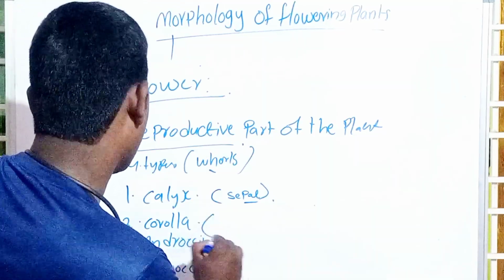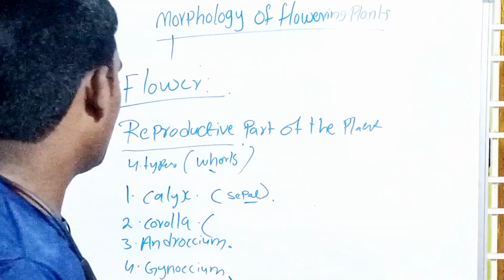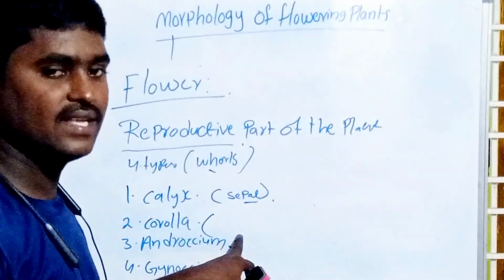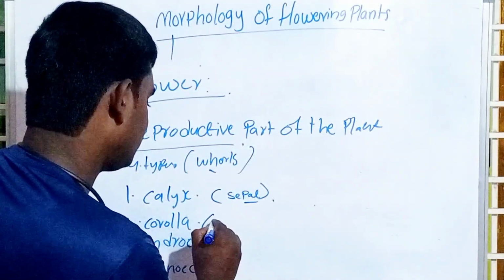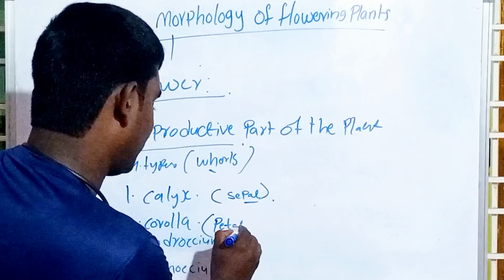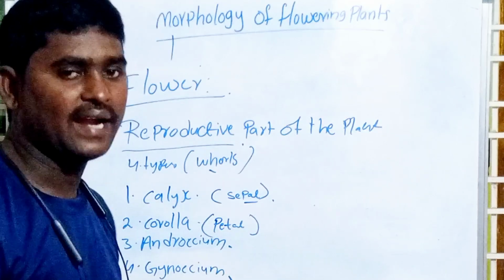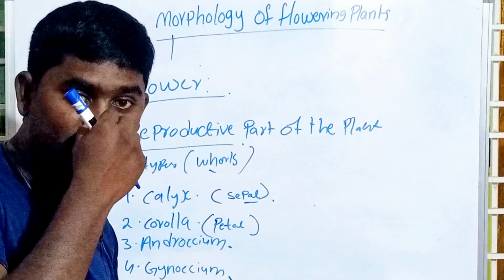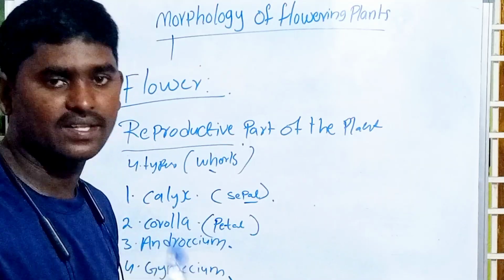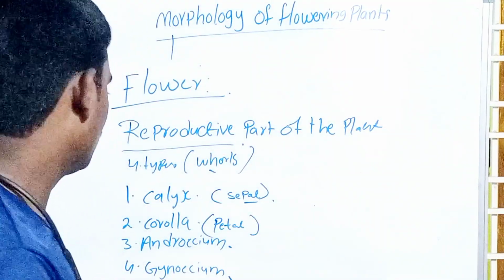Next one is corolla, another name is petals. Petals are attractive to insects, used for pollination.